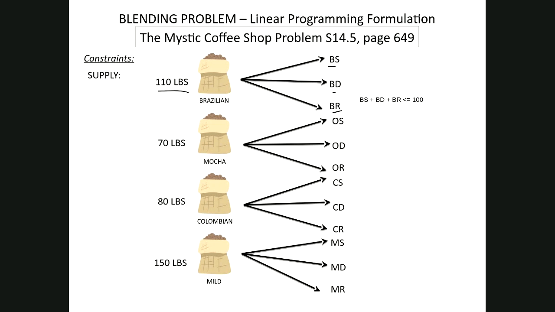And again, just looking at the Colombian, this is going to be CS plus CD plus CR, and that's going to be less than or equal to that supply of Colombian, which is 80 pounds. So hopefully you can see that each one of these is going to be added together. The three terms are added together, and it's going to be less than or equal to 70 pounds. And these three will be added together.